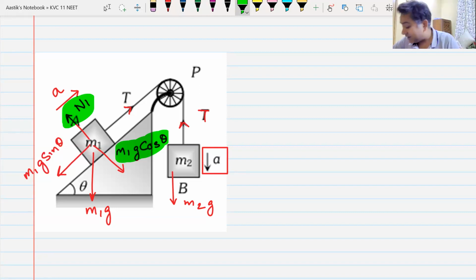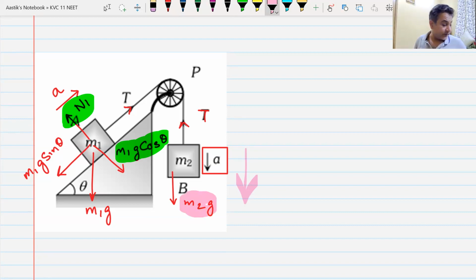Now, what we have to see here is the acceleration of this system. As already told, this system is moving downwards. Now, look at the force. On the right hand side, we have a force m2g, which is trying to pull it downward.